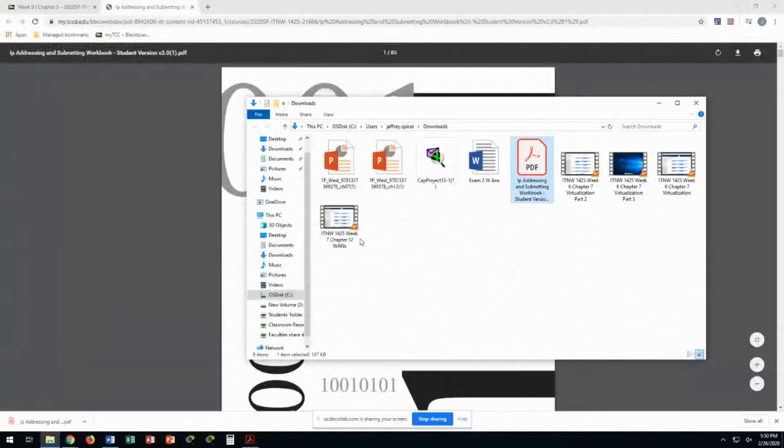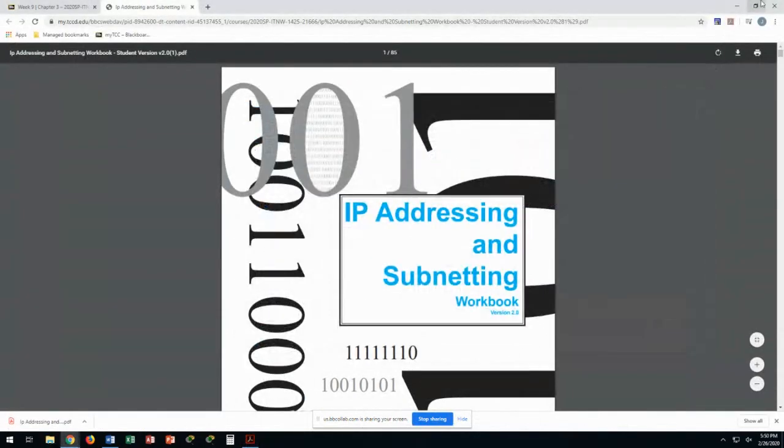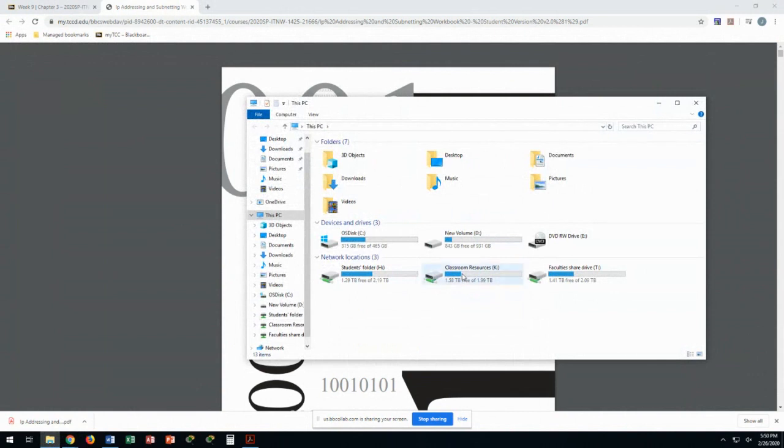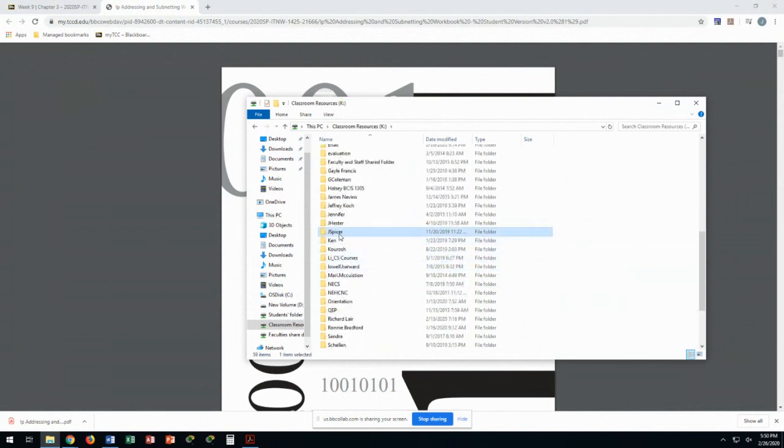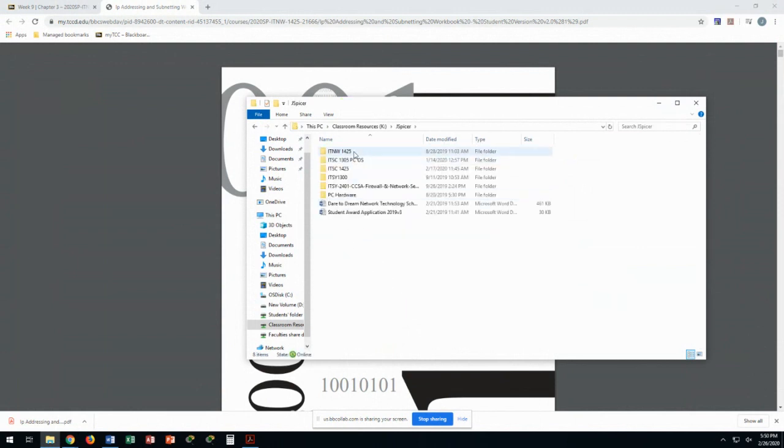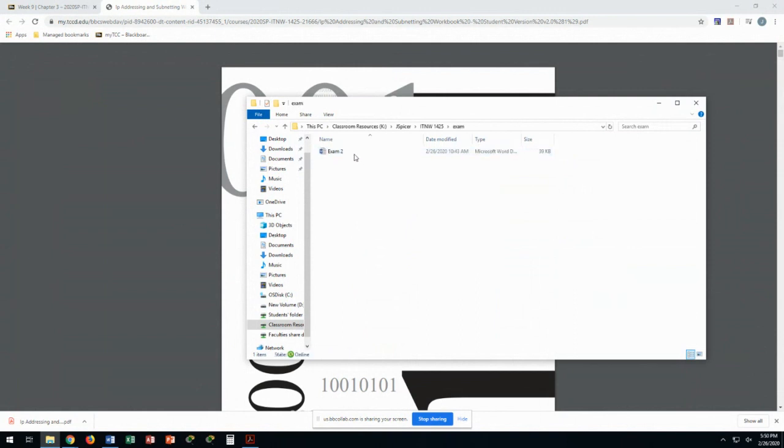All right, so that is our IP subnetting. So what we'll do now is do our review. If you want to, we can go to the K drive and J Spicer folder and our ITNW 1425, which is our class, the first folder, and then the exam folder.